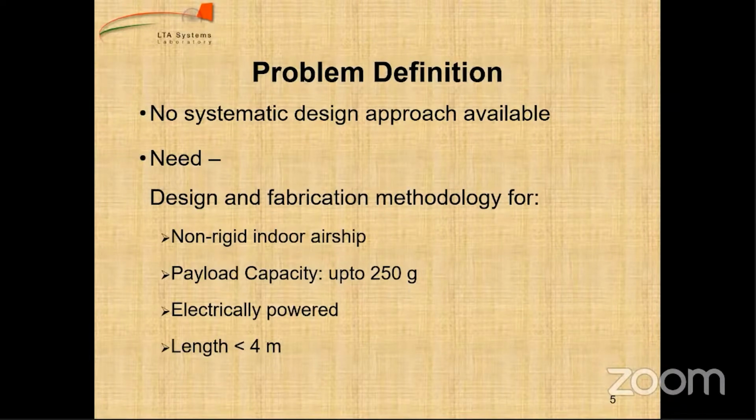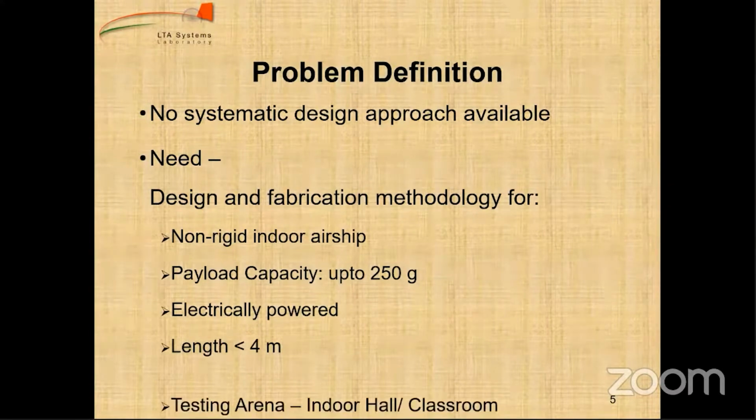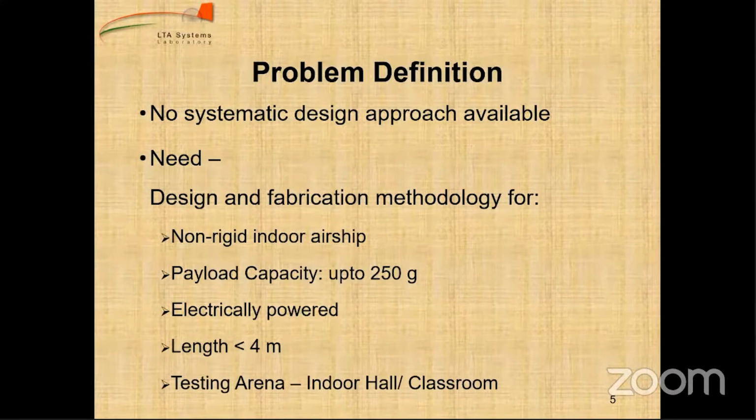That's why we should keep the length sufficient so that it can fly and turn around in a hall and it can fly in a decent direct forward motion. On the basis of our prior history or prior knowledge, like we have built some RC airships, the length should not be more than 4 meters. Next, the testing arena for this kind of airship can be a hall or any classroom.